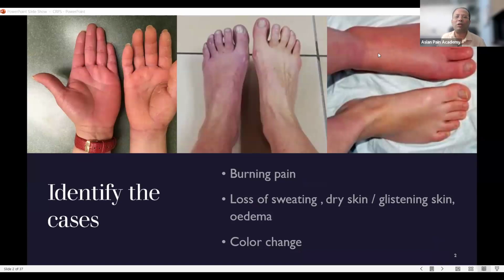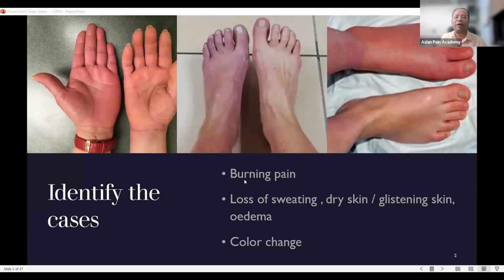Here there is a small amount of edema in the leg, and sometimes this edema is not even perceived by the doctor, but the patient can say that my foot is a bit swollen. Here we can also see red discoloration and some swelling. Most commonly extremities are involved, and with this type of picture, a patient can come to your clinic.